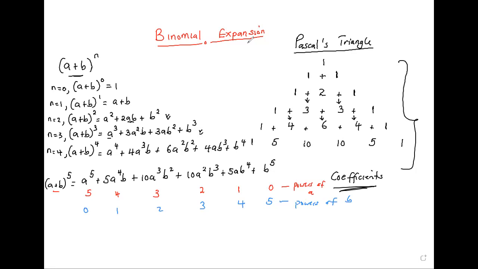But wow, can we use Pascal's triangle for any setup? This setup looks like it's workable up to 5 or 6 or 7 if you're fast. But what if we say a plus b, maybe up to the power 77? Imagine if you want to use Pascal's triangle, how many lines do you need to get to 77?